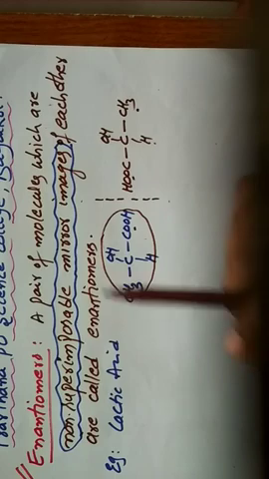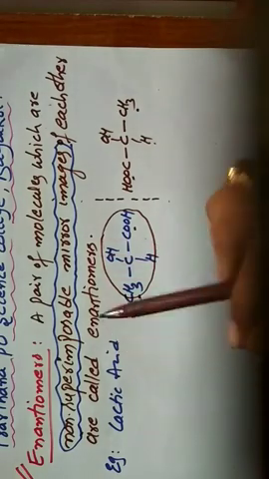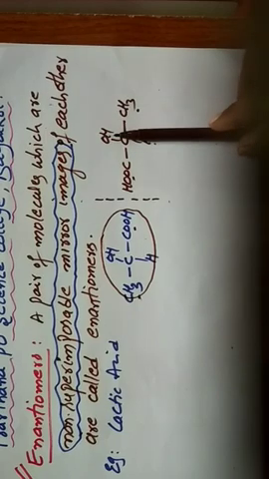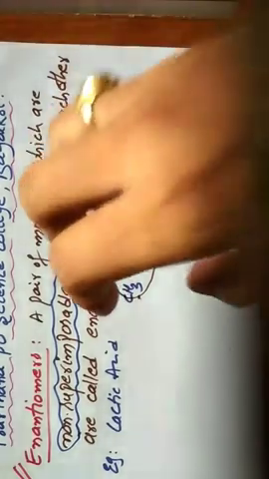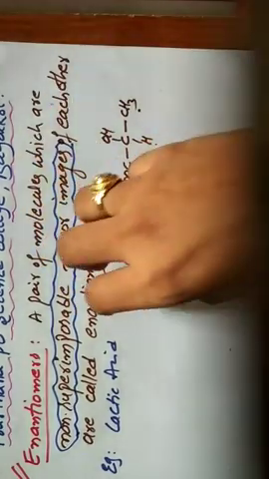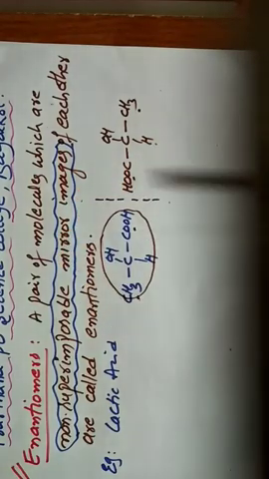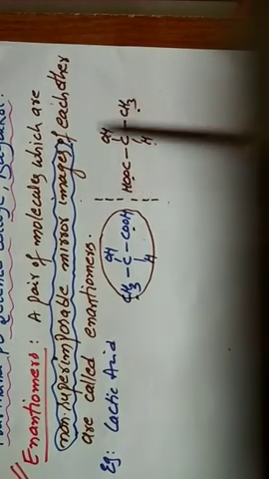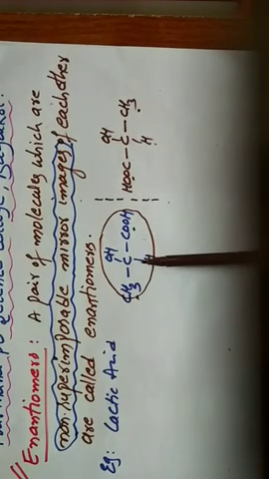Non-superimposable. To understand what non-superimposable means, take this molecule and place it exactly on this molecule. In this molecule, the COOH group is there. Suppose this total molecule is placed above this molecule.